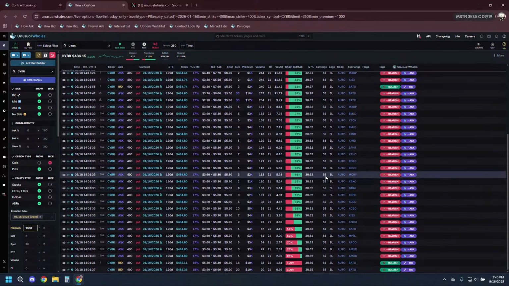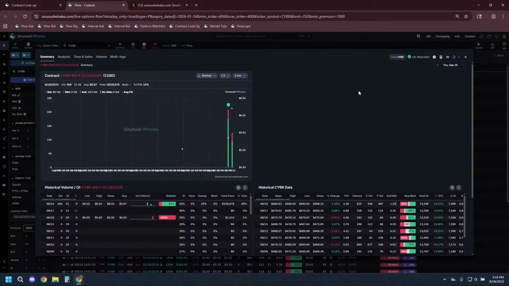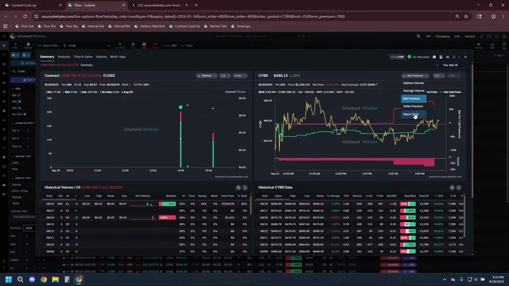So this does eclipse earnings, but again, probably not really an earnings trade per se. I mean, there's nothing here to suggest that they were shorted in my estimation, but 400 just seems like way too much.